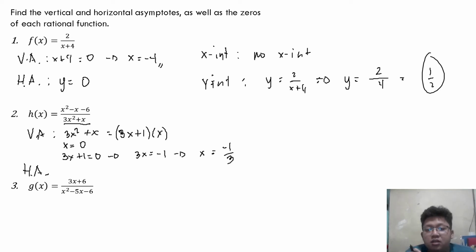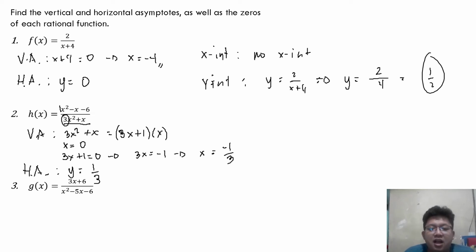So the rule here is whenever you have this kind of similarity between the exponents of your numerator and denominator, you will just copy and consider their leading coefficients. So we have 1 here and 3 here. Therefore, we have y equals 1/3. So simple as that. Okay, so please remember that rule.